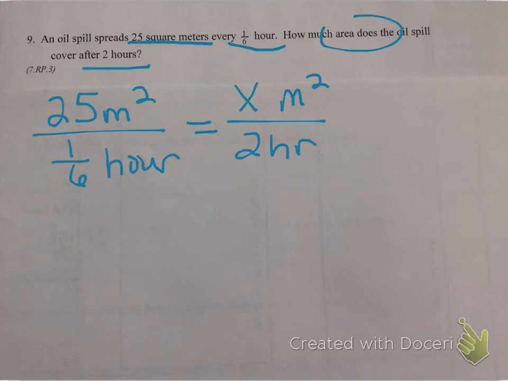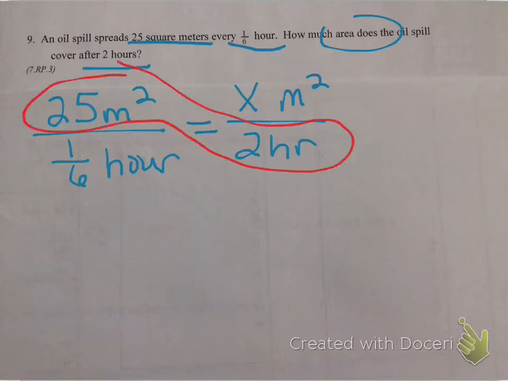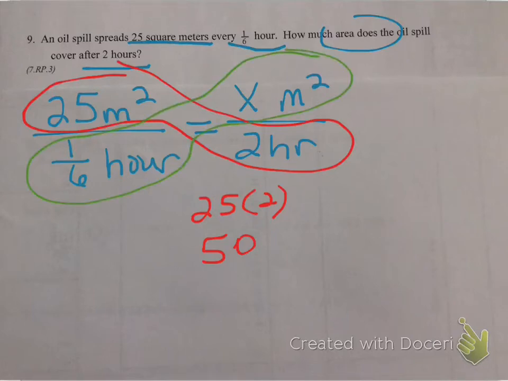Again, this is not the only way to do this. Okay, and I could again use the cross product property. 25 times 2, which is 50, and 1/6 times x, which is 1/6 x. So 1/6 x equals 50. I want to solve getting x all by itself.